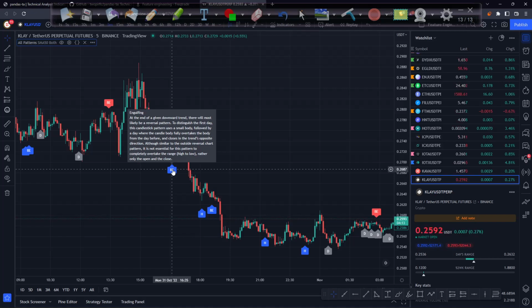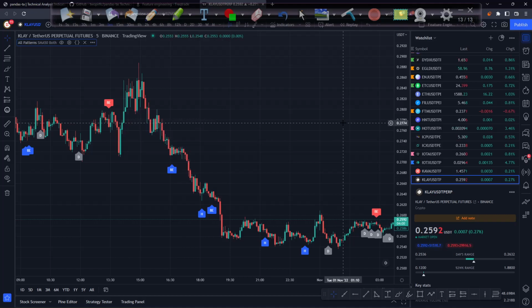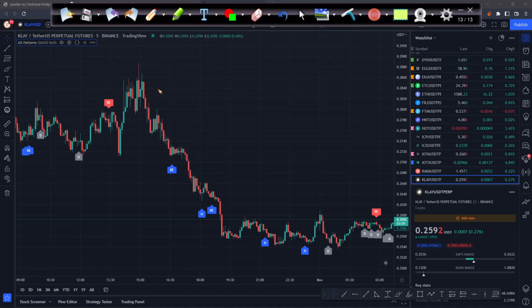Although similar to the outside reversal chart pattern, it is not essential for this pattern to completely outtake the range high to low, rather only the open and the close. So it's basically saying that at the end of this downtrend, if this candlestick completely takes over the previous candlestick, that's what we call a bullish engulfing pattern.